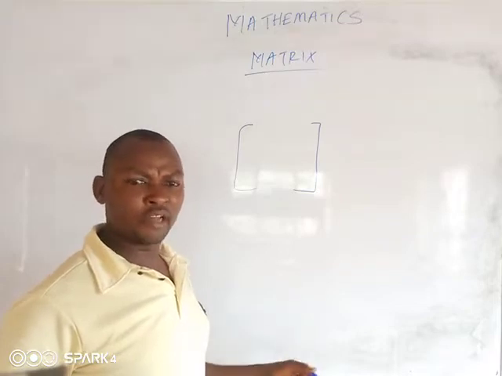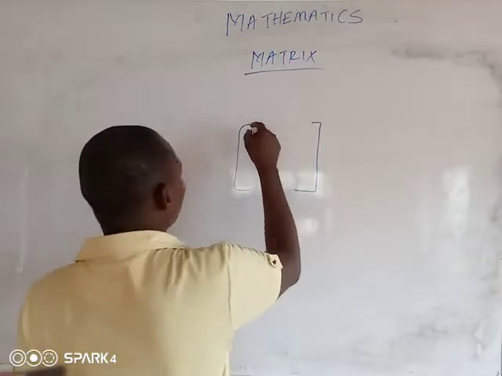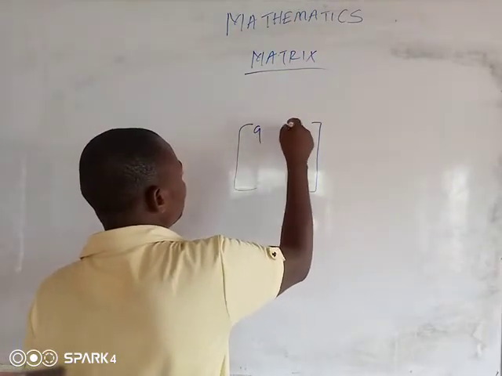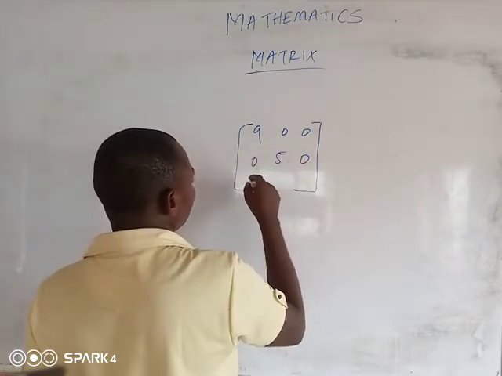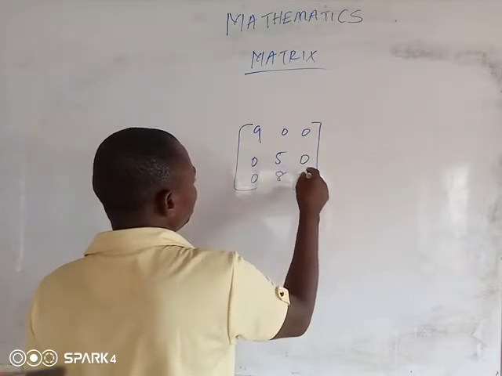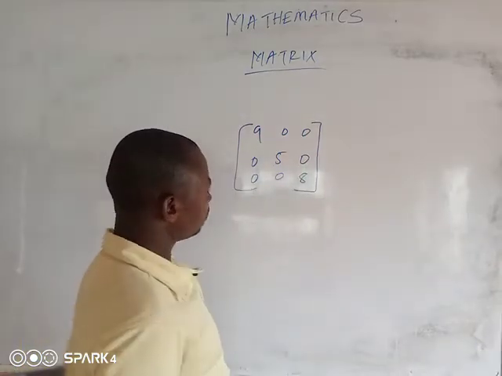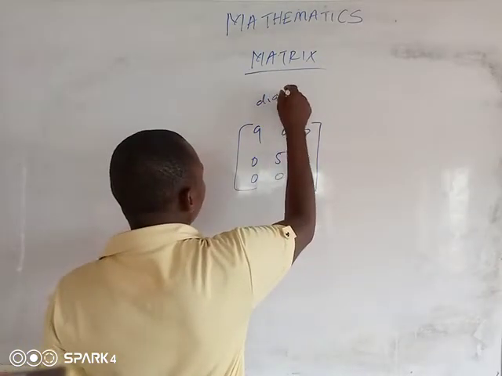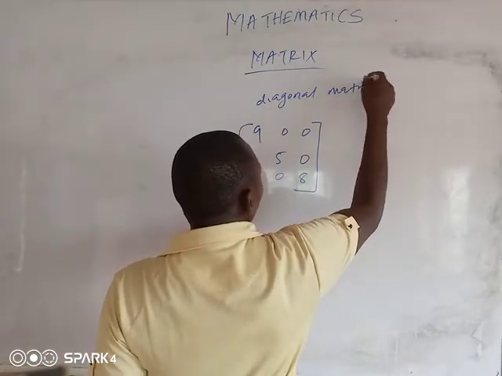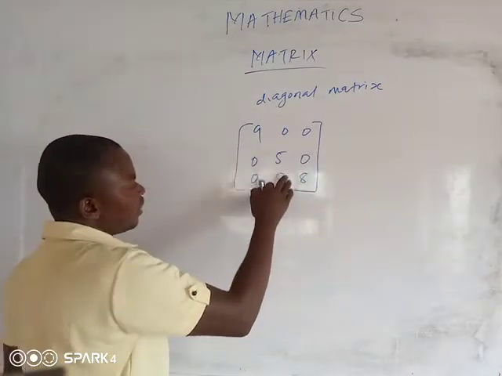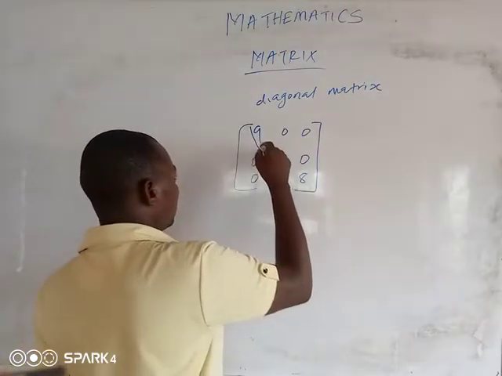Look at this: we have 9, 0, 0, 0, 5, 0, 0, 0, 8. So this is what we call a diagonal matrix. Except the leading diagonal, elsewhere we are going to have 0. So this is the leading diagonal.